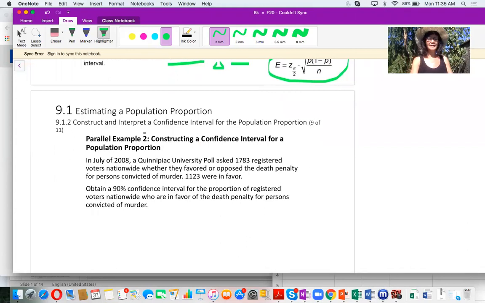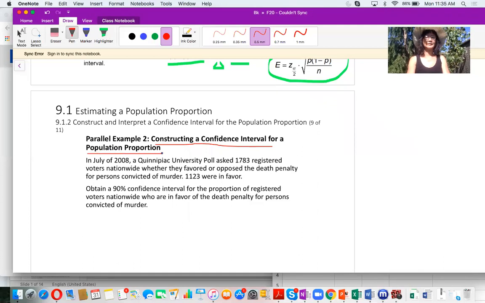So let's take a look at this example. Construct a confidence interval for a population proportion. In July 2009, a university poll asked 1,783 registered voters nationwide whether they favored or opposed the death penalty for persons convicted of murder. 1,123 were in favor.